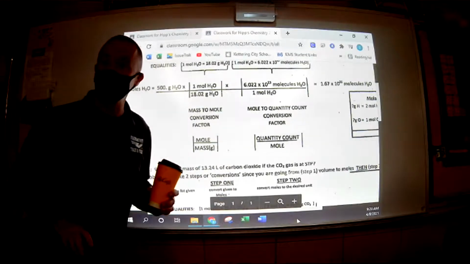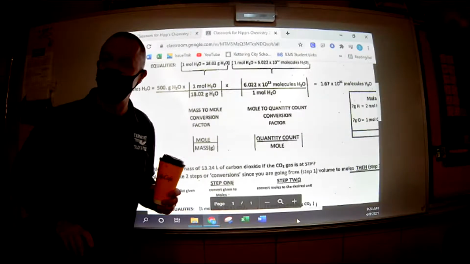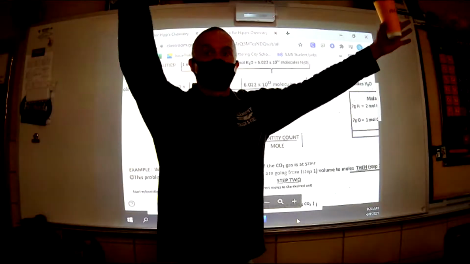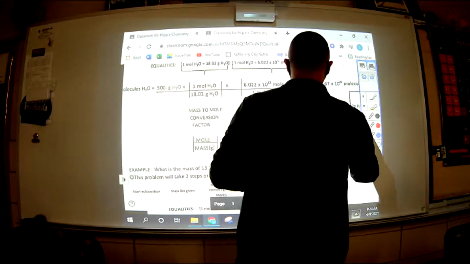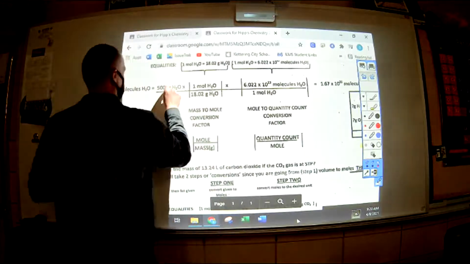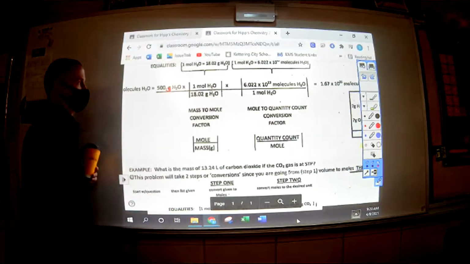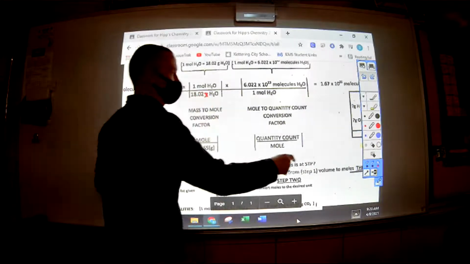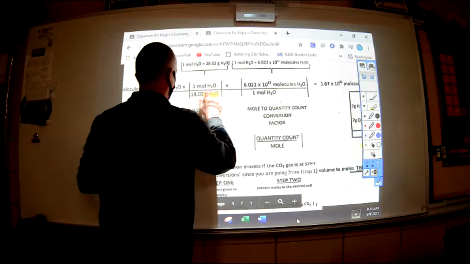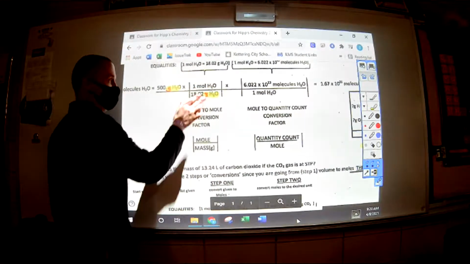How do I know I have this set up correctly? I pulled the conversions right off the chart. Watch this. What unit am I giving? Grams. Does grams cancel out or factor out? There's grams. This unit cancels. I am now at moles.